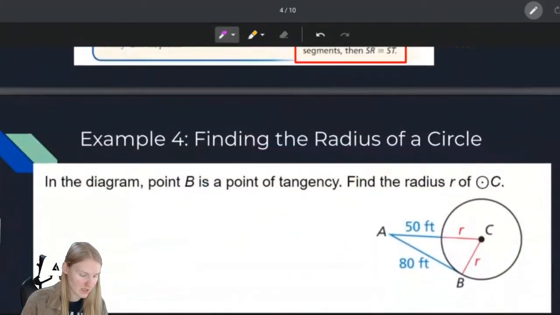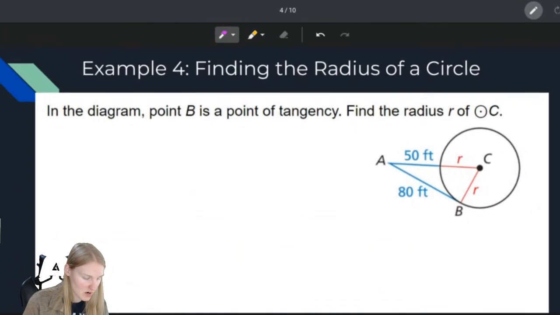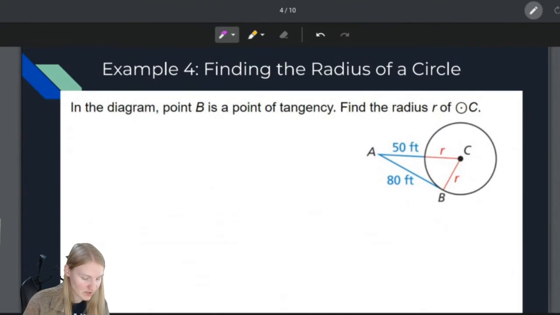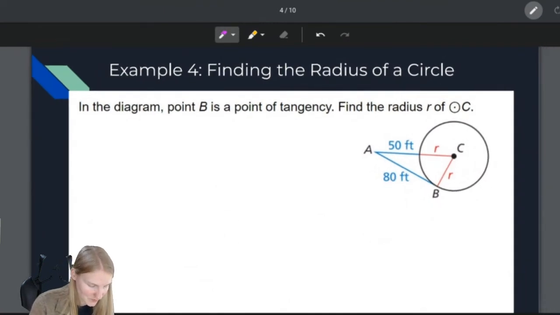Example 4, finding the radius of a circle. In the diagram, point B is a point of tangency. Okay.